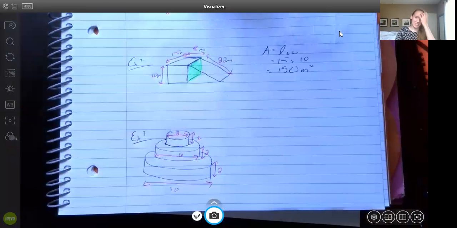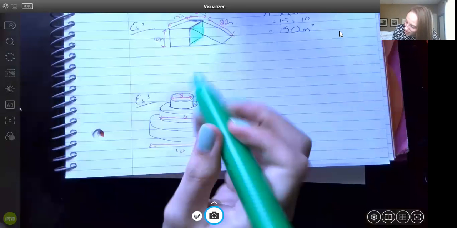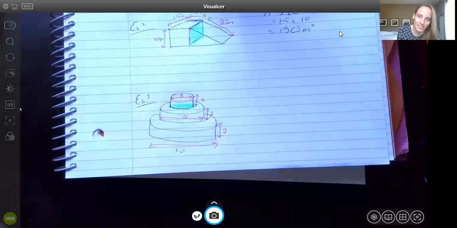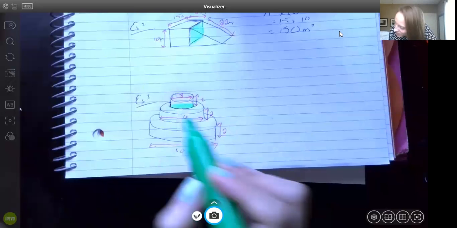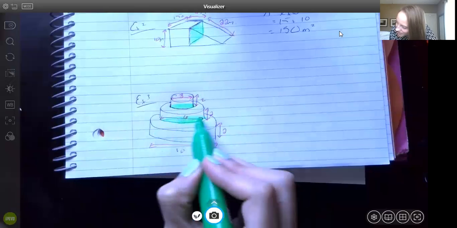Okay, and then the last one is slightly more complicated only because we are having more than one area of overlap for this last one. Essentially, I have an area of overlap where this top cylinder overlaps with the cylinder underneath it. And I have another area of overlap where the middle cylinder overlaps with the one underneath it.